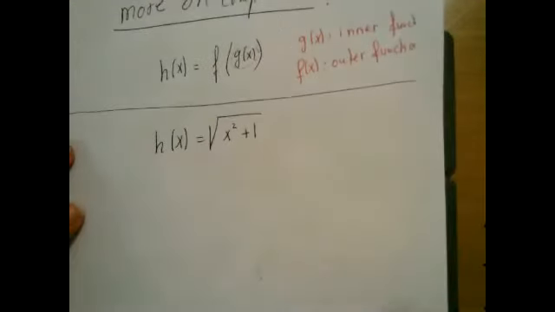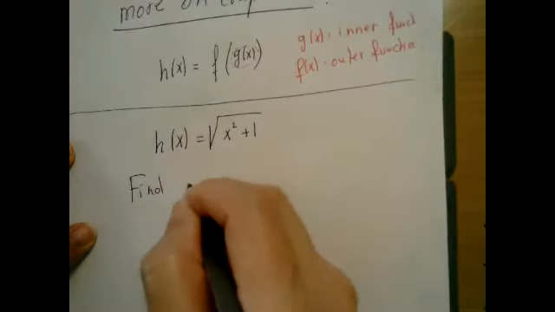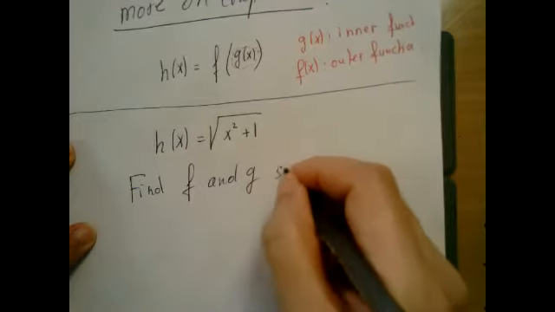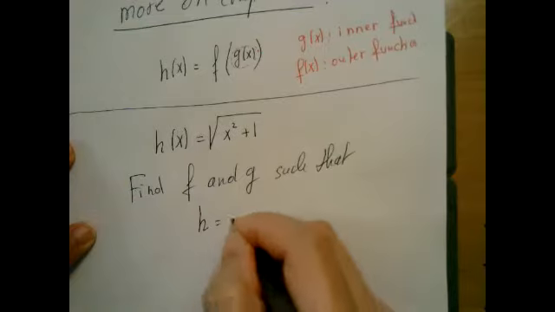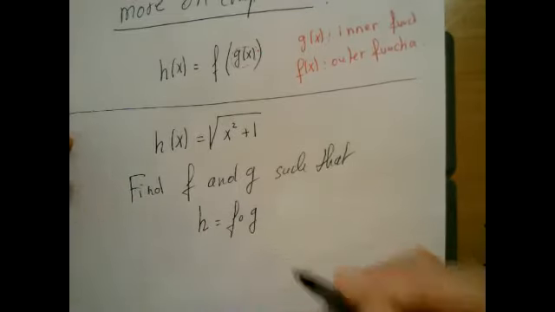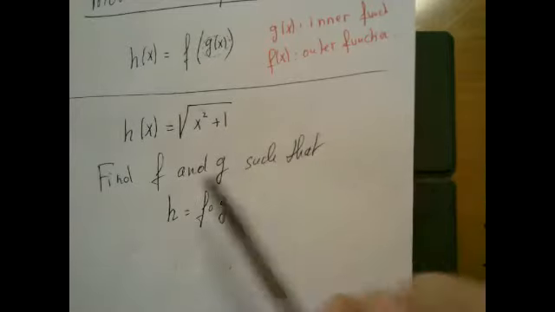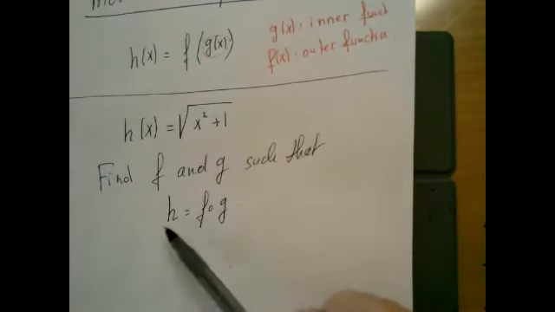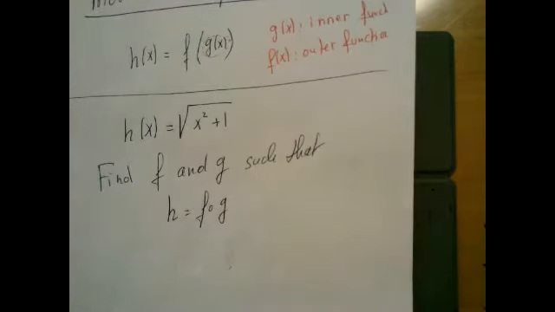I want you to give me two functions, f and g, such that the function h is the composition of f and g. Basically I'm decomposing the function. This is h. I want you to give me two functions so that when I take their composition, I get h. So how do I decompose a function?